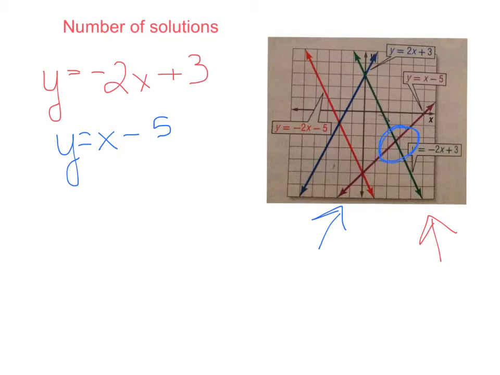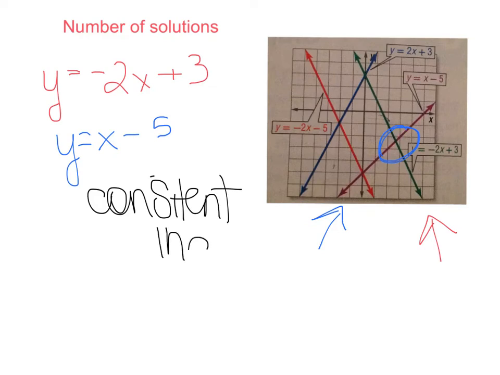So we would call this system consistent, and it is going to be independent because they only meet at exactly one point, so each line is independent of each other.